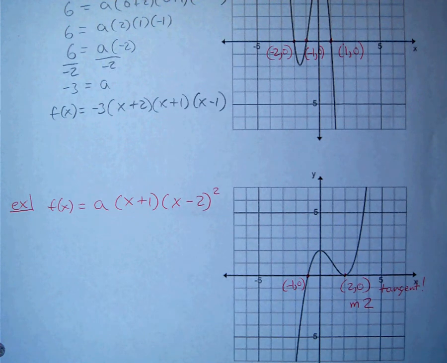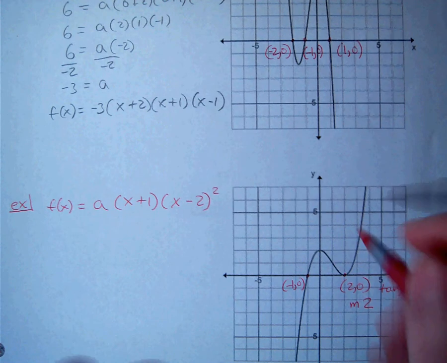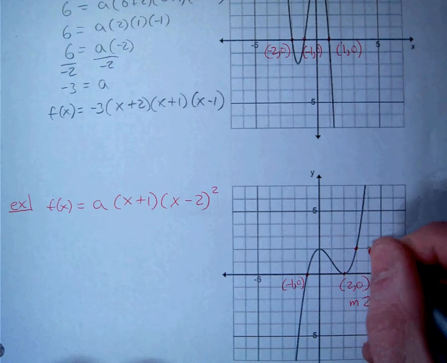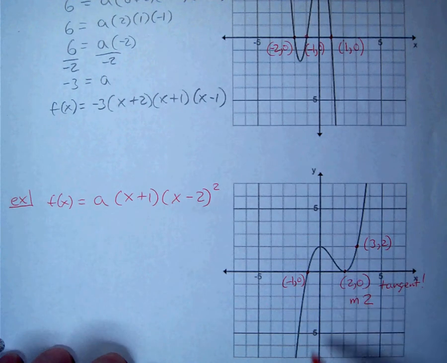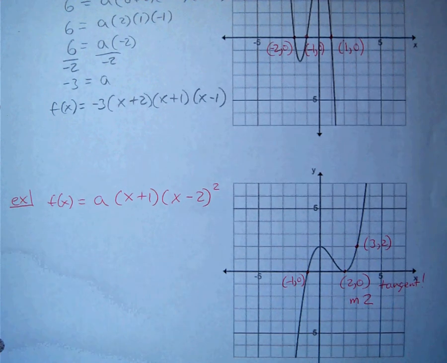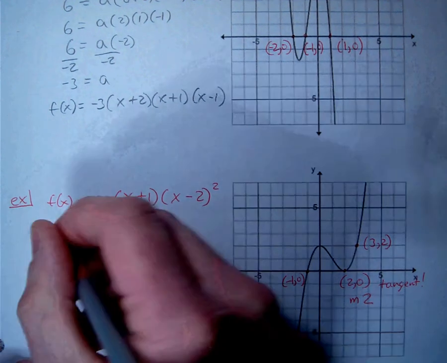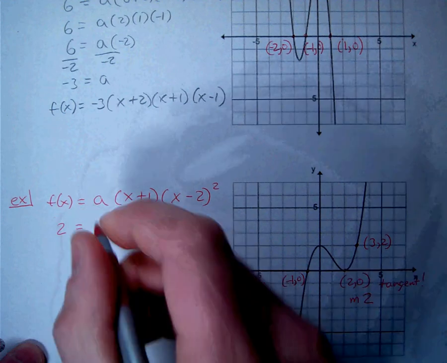It doesn't matter. I'll use (3, 2). I encourage you to try one of the others that I mentioned. Try those out. We'll get the same answer regardless of what we use. So substitute the 2 in for y.